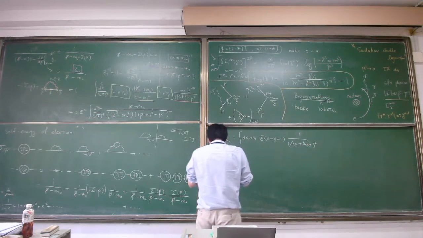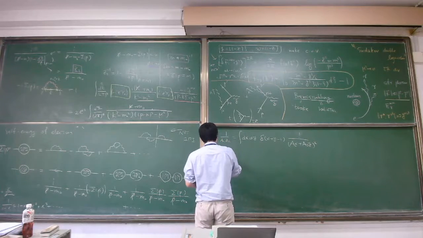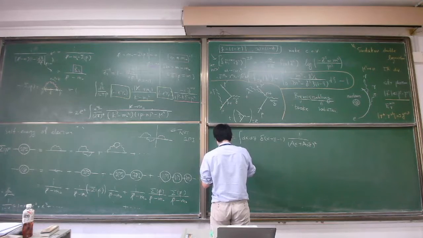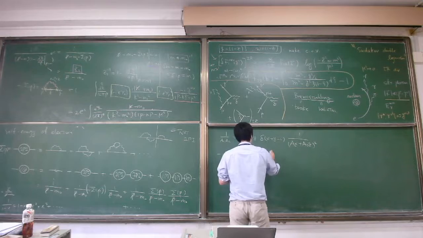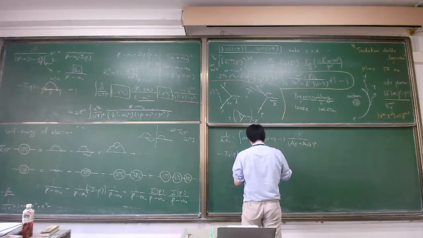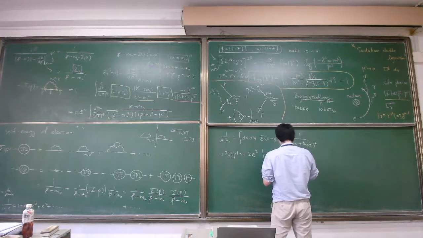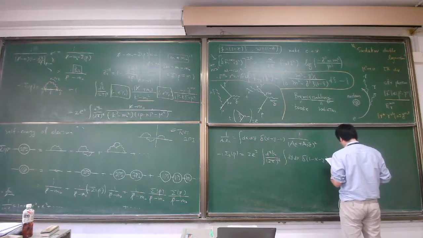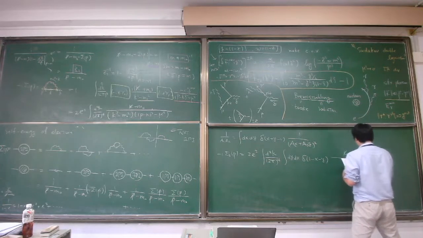And then if you introduce that, we have minus i sigma 2 of p is equal to e squared and d4k. You guys need to be familiar with this kind of computation. And then what we have is k slash minus 2m0, and you just expand.